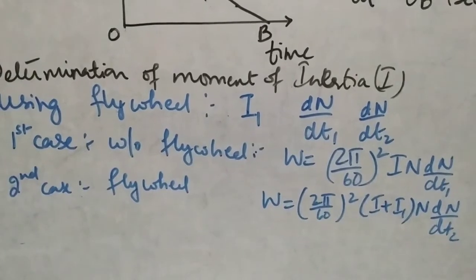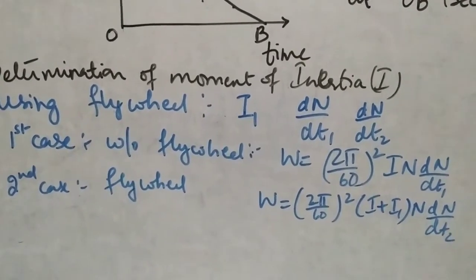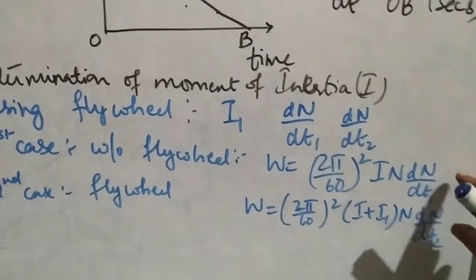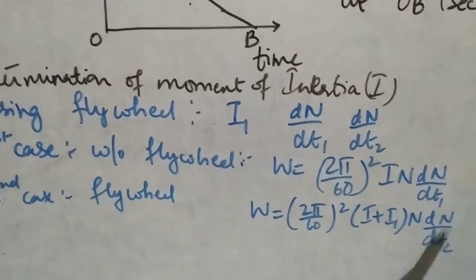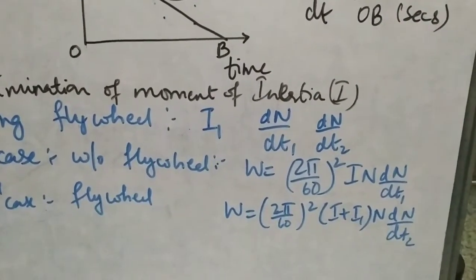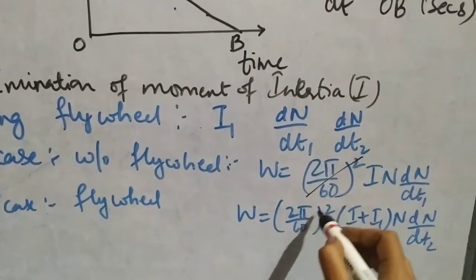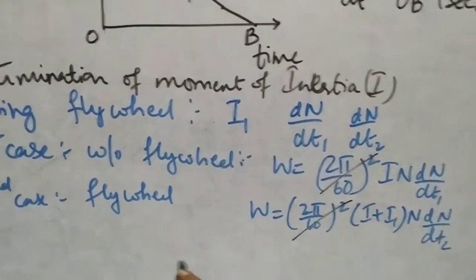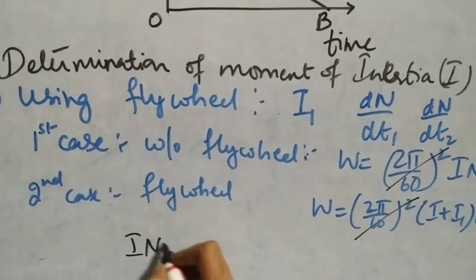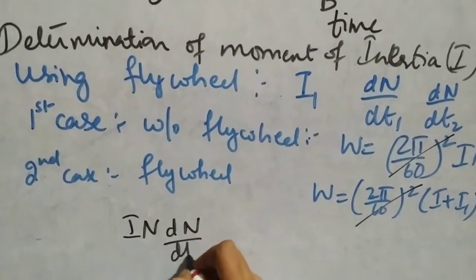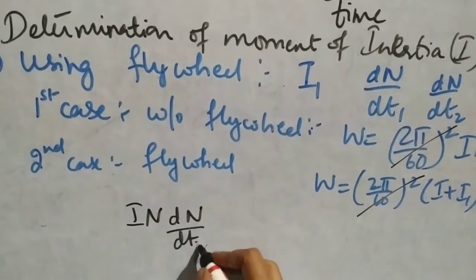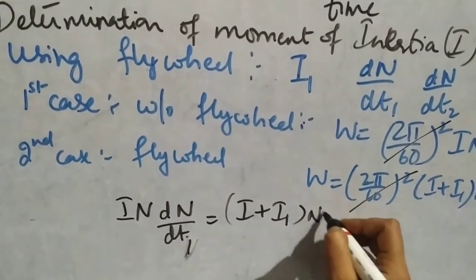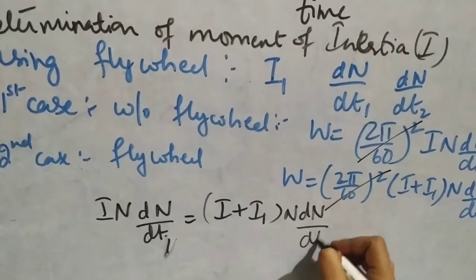Now we have to equate these two equations. The common parameters will get cancelled, so only these terms will be equated. It becomes I into N dN divided by dt1 is equal to (I plus I1) into N into dN divided by dt2.